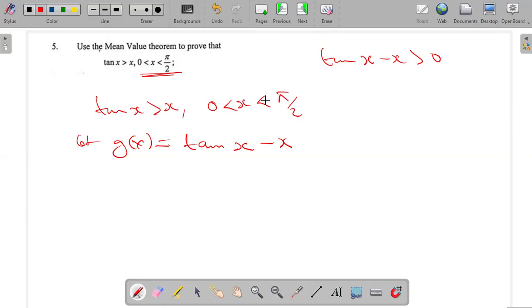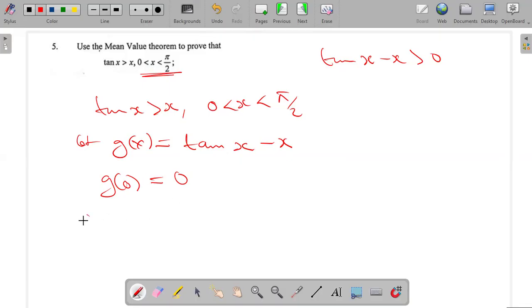I know at 90 degrees I can't evaluate this because it's undefined there. So I just evaluate it at 0. Of course, tan 0 is 0, so this here gives me 0. I can't evaluate it on the other side because that just gives me something undefined.